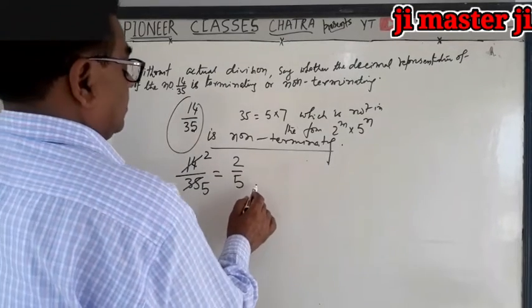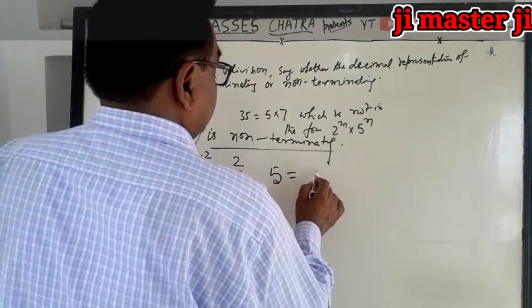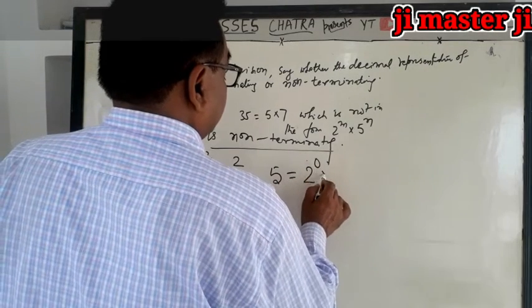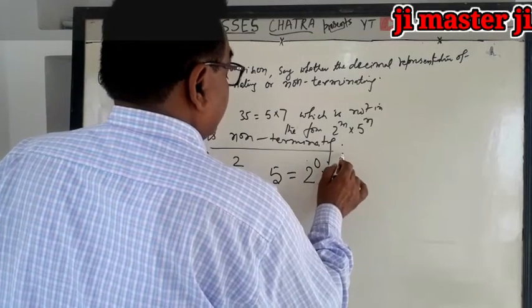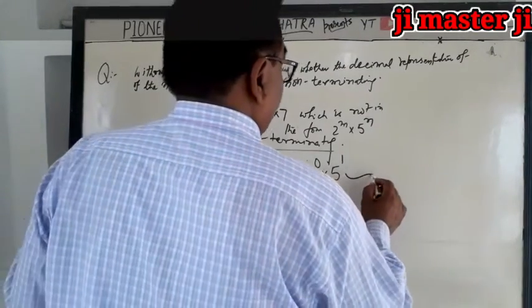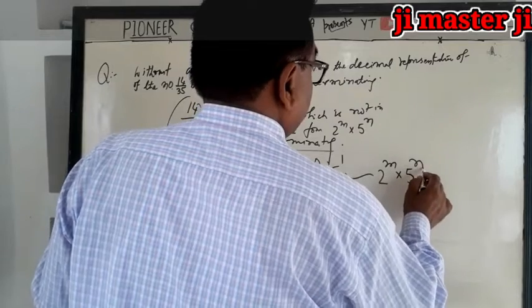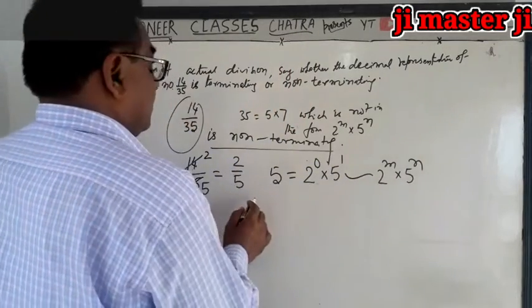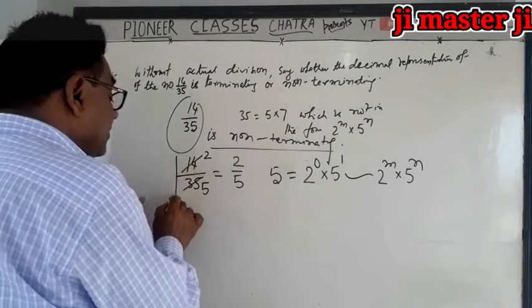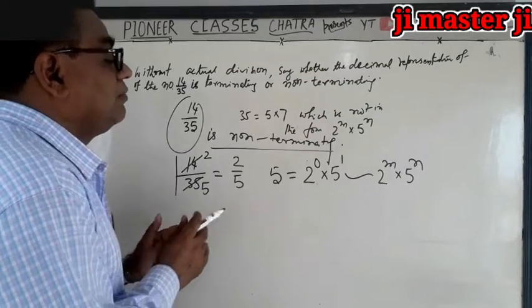Now 5 can be written as 2 to the power 0 and 5 to the power 1, which is in the form 2 to the power m and 5 to the power n. So the decimal representation of this number will be terminating.